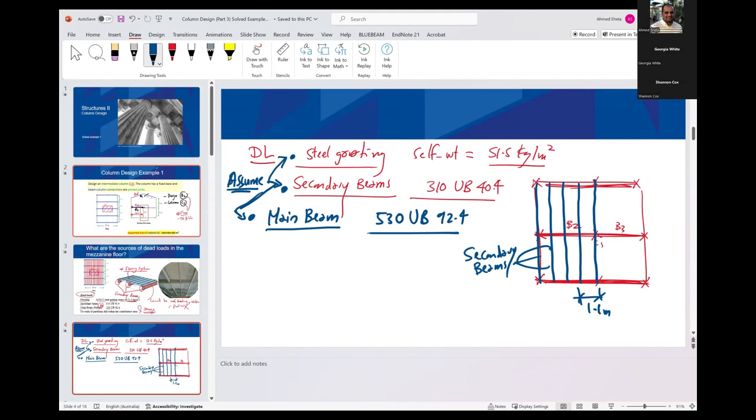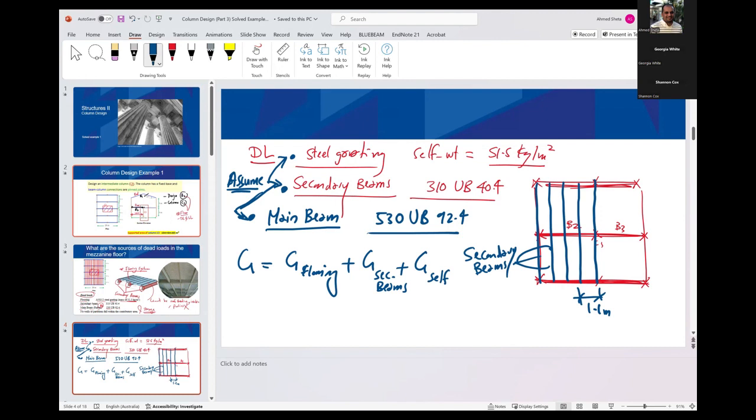So if I ask you how much is the W or dead load on B2, sorry, we can call it G instead of W. So G will be G of the flooring plus G of the secondary beams plus G of the self weight of the rafter.